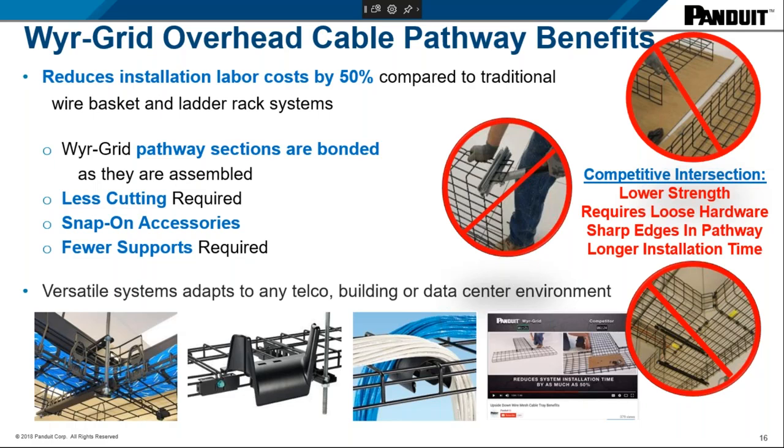And that's how our conversation starts. Panduit saw out there in the marketplace that with the traditional baskets there was great labor, and those additional risks that, as you're cutting a lot of the wire, there's the possibility of leaving a sharp edge or a burr.